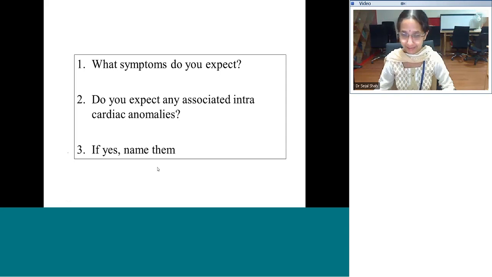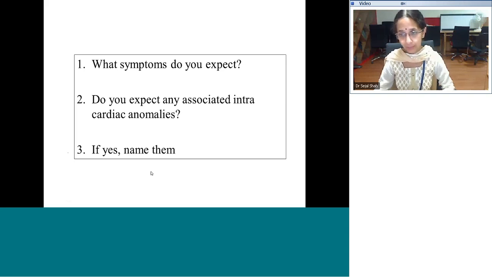So what symptoms do you expect if you have an LPA sling? Stridor, yes. Do you expect any associated intracardiac anomalies? Dyspnea. See, practically LPA sling does not cause, most of the times, pulmonary arterial hypertension or any back pressure changes or any symptoms related to pulmonary blood flow.